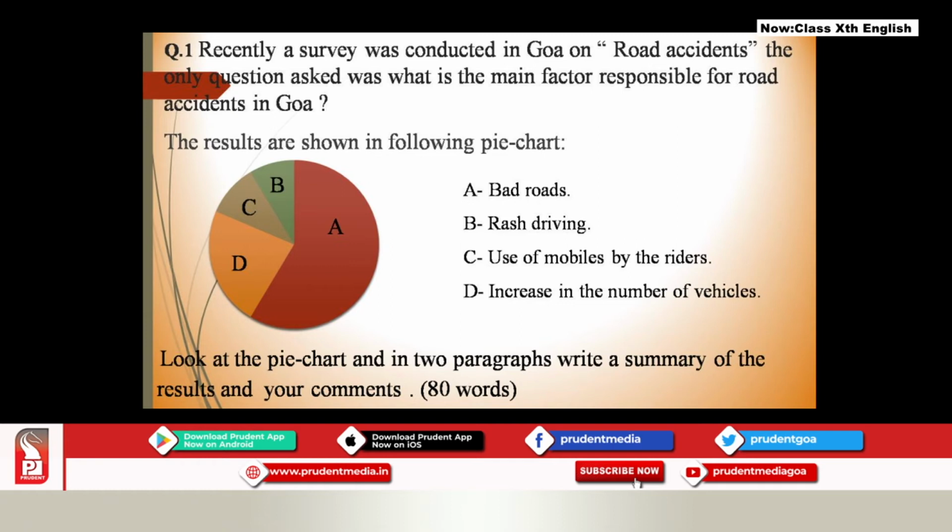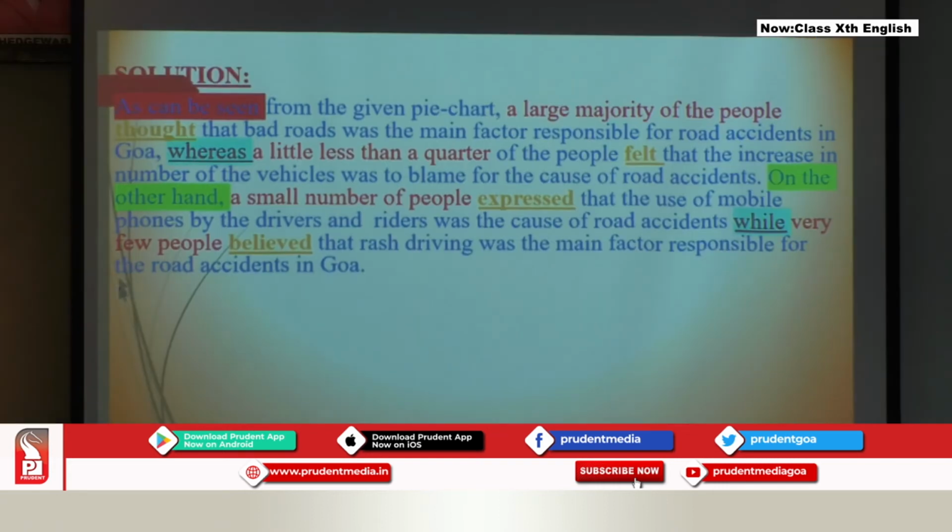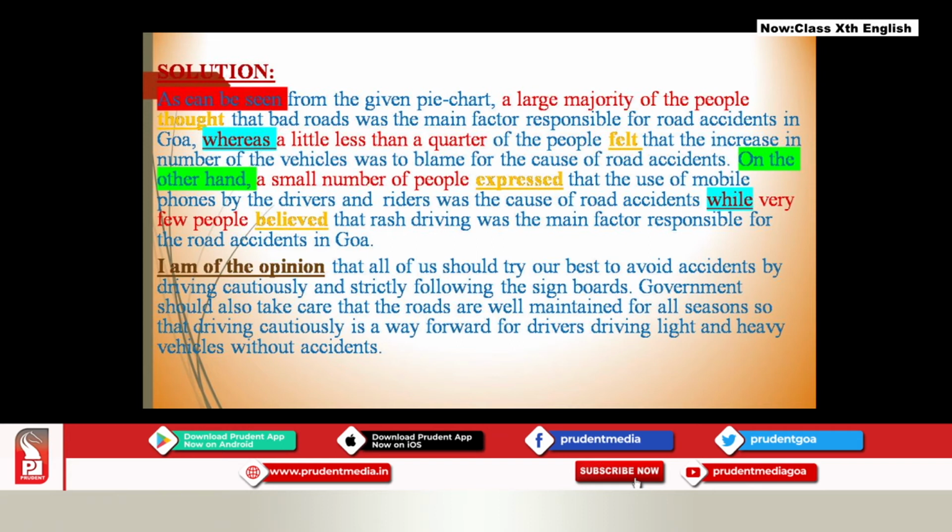So, this is much less than a quarter, and this is a small number of people, and we will use for this a small number of people, and much less than a quarter. On the other hand, I used a small number and very few people. These 2 expressions. So I begin my second sentence.